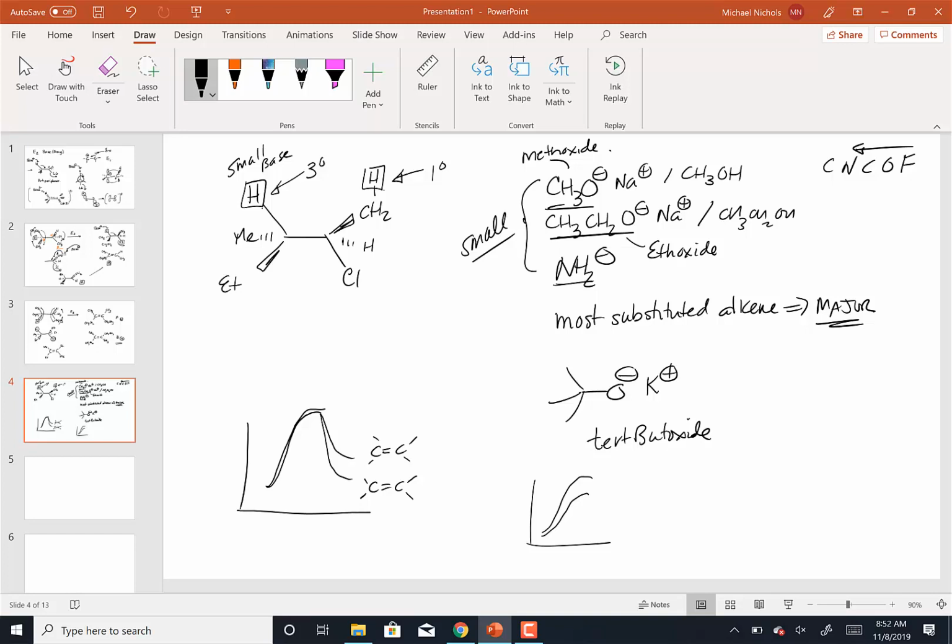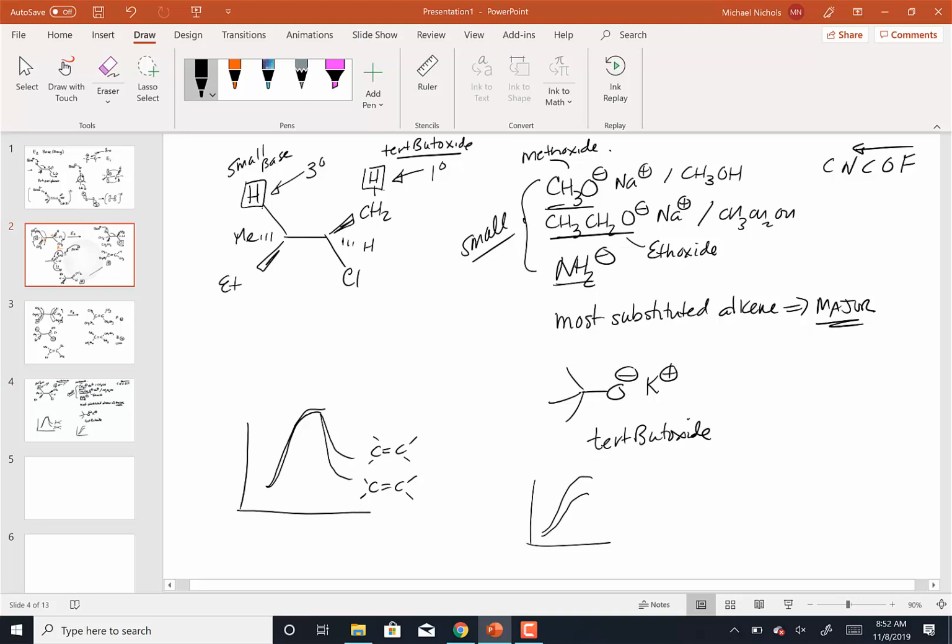So in this case, what happens is that the tertiary butoxide chooses its product based on the difference in transition state energy, not the final product energy. So in this case, the tertiary butoxide would actually deprotonate the primary hydrogen first, and only. So that now I can select my major product based on steric hindrance.